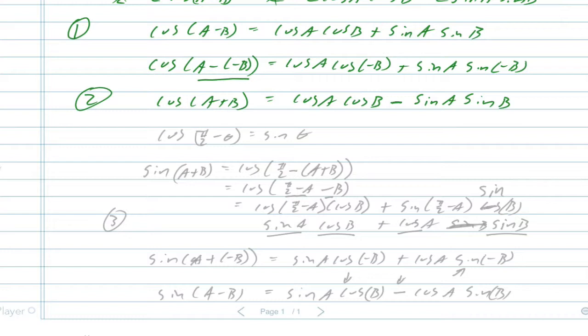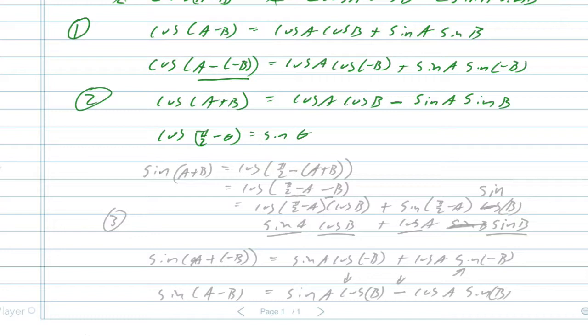Now, the third identity, we're going to use cosine of (pi over 2 minus theta) is equal to sine theta. So that's the concept we're going to use. That's the phase shift identity. And we talked about that in class a couple of times.